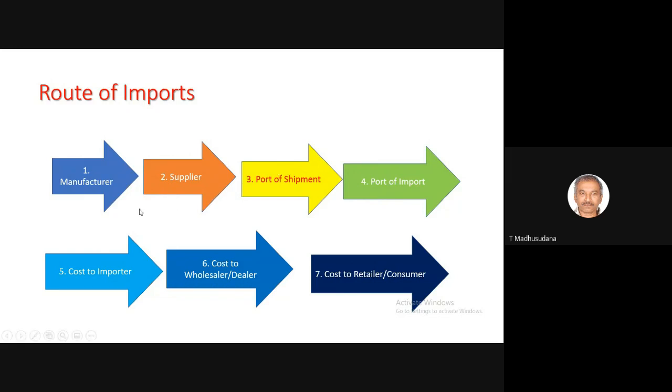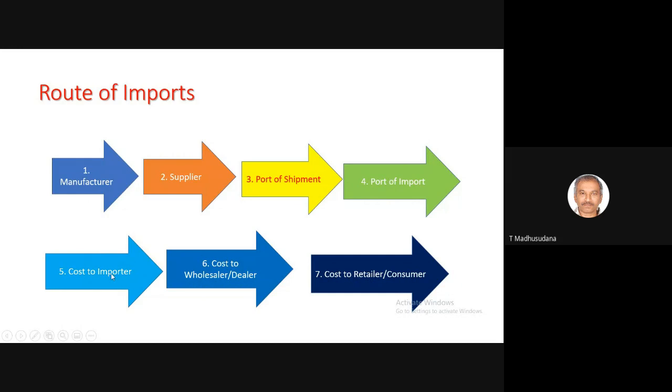Then, after reaching the importer, it is domestic trade. After reaching the importer, on these transactions they have to pay GST, because it is a domestic business. Since we have imported, it comes under the purview of the Customs Act.